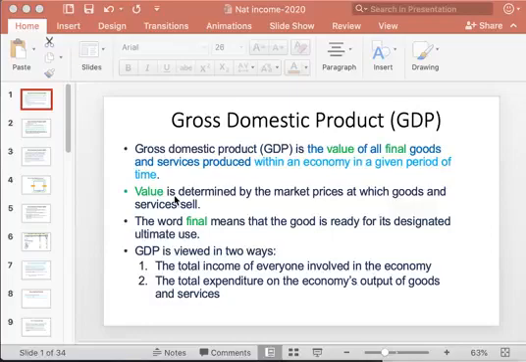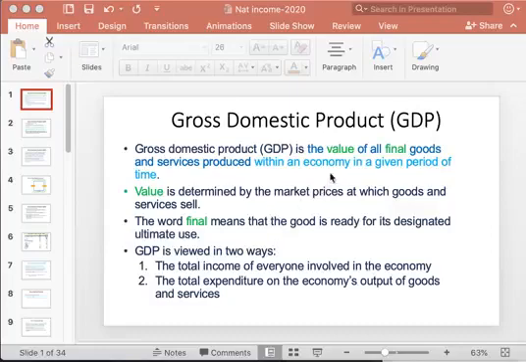So to start with, gross domestic product, which we all know by the abbreviation GDP, is nothing but the value of all final goods and services produced within an economy, for example, within a country, and in a given period of time, for example, 1 year.